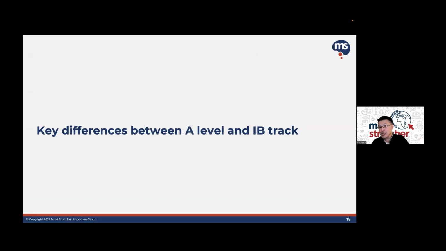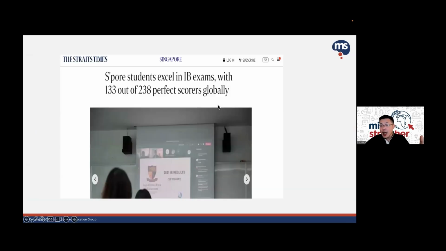But first and foremost, I wouldn't say that one is necessarily better than the other. It's not true to say that IB is maybe not as good as A levels, or not as rigorous.